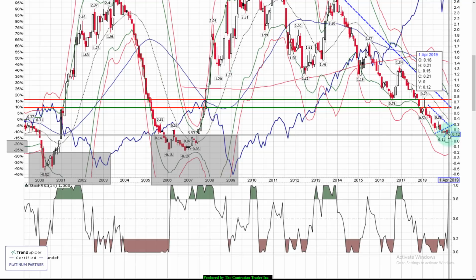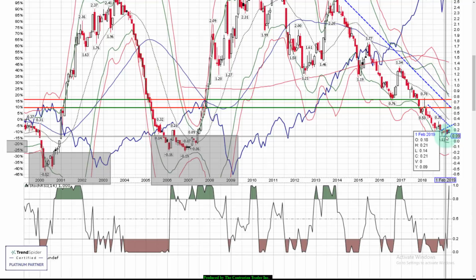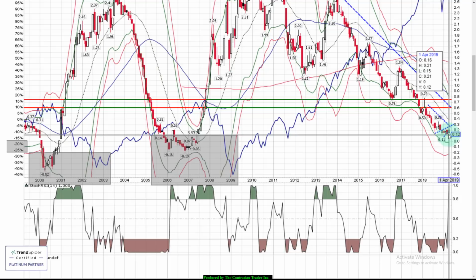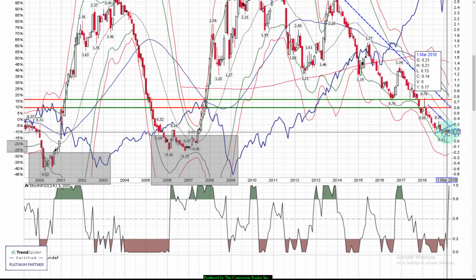Last month, we did break to new lower lows versus prior months. But this month, the month of April, we have not followed through to the downside. In fact, we are poised to close at the highs of March, and quite possibly, with a couple of trading days left in the month, exceed last month's highs.